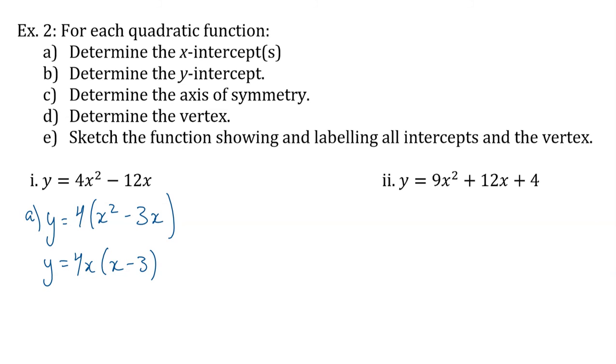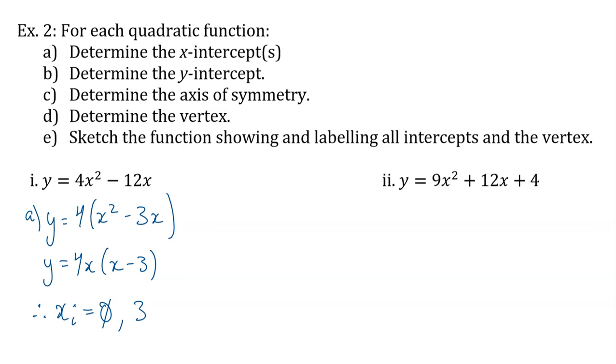And we need to know that when I've got a 4x, that means my x-intercepts are what? One of them is +3 from that bracket. The other one is 0, right?